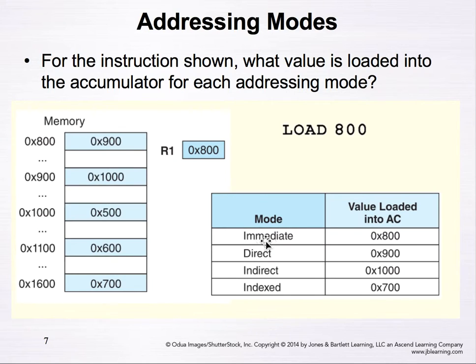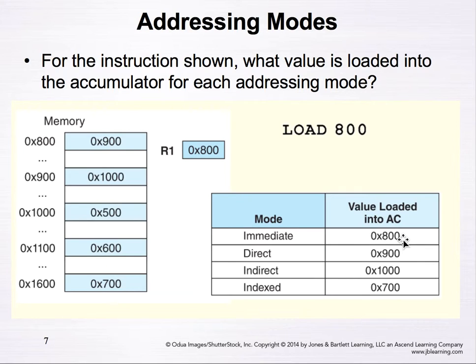The first mode is the immediate addressing mode. In this mode, the operand value is represented in the instruction. That's the direct value. So when we say load 800 in the immediate addressing mode, the value 800 is the value that will be loaded into the AC.